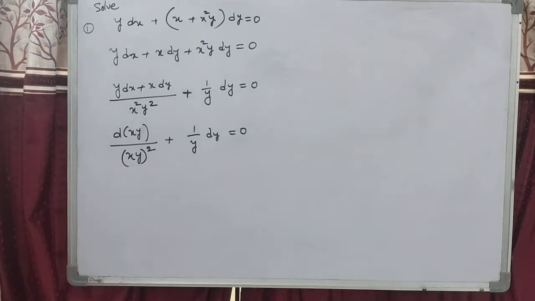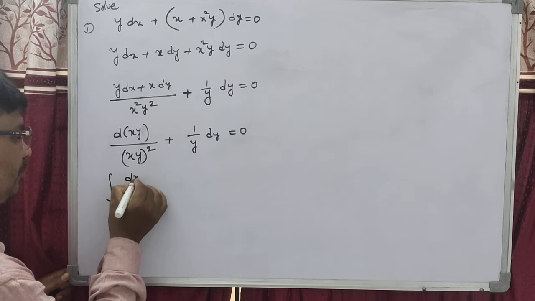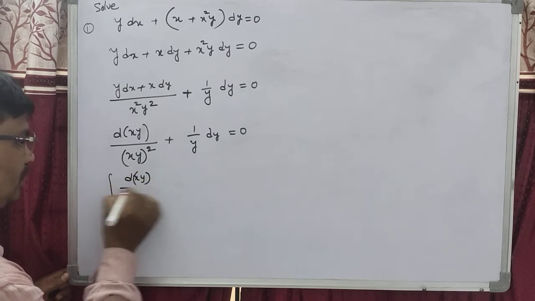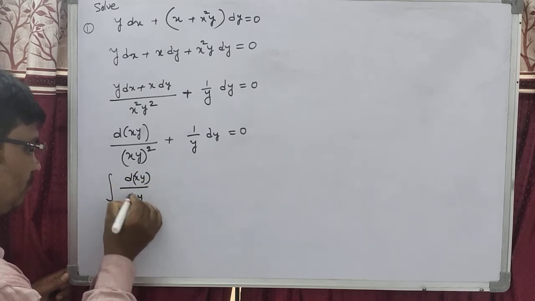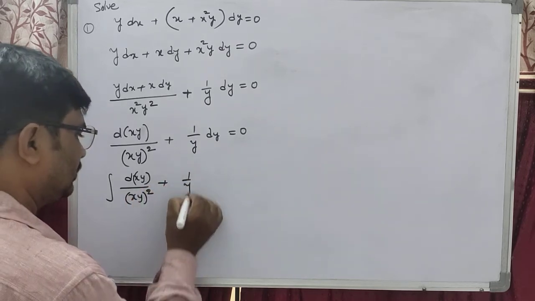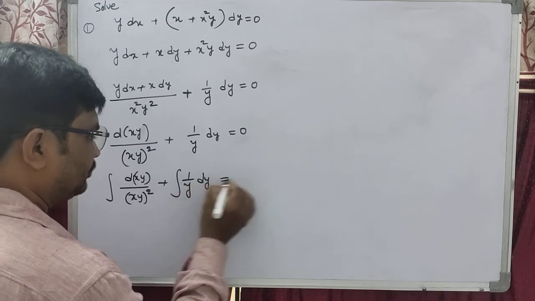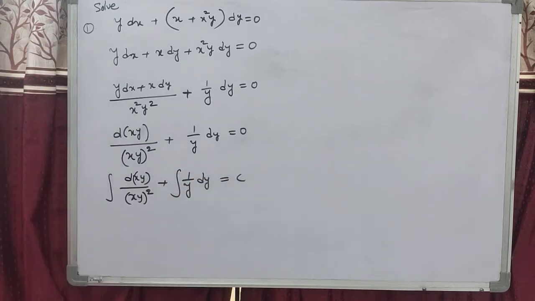Now applying integrals on both sides, the derivative of xy upon xy whole square, plus the integral of 1 by y dy equal to c.